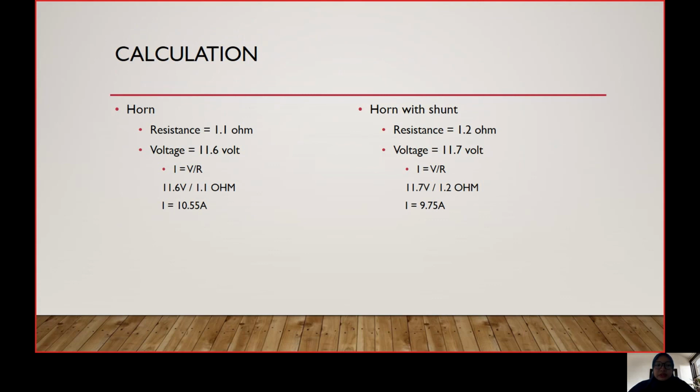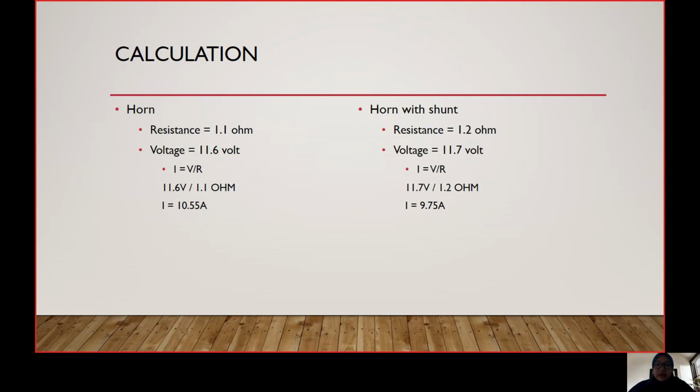We move on to the calculation part. The calculation is regarding certain components that we use in our circuit. For the horn, when the resistance is 1.1 ohm and the voltage is 11.6 volt, we use the formula V equals IR and manipulate it to find the current, so the current we get is 10.55 ampere.